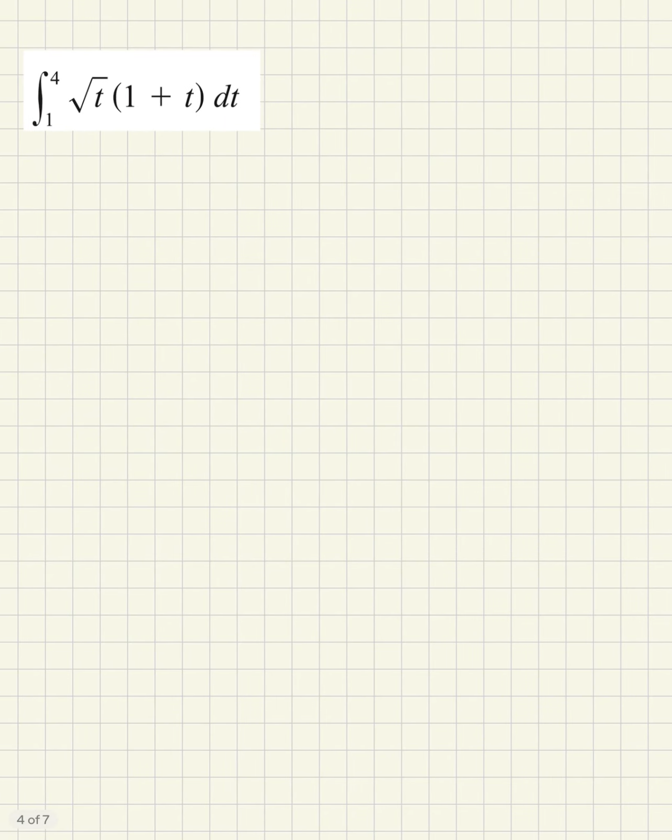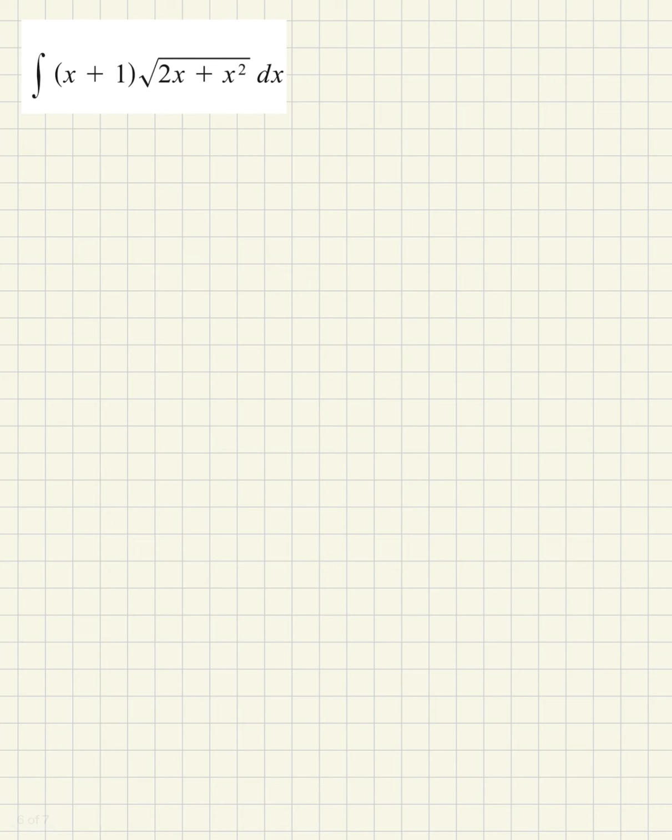As a last problem, I want to work something out where you make use of u substitution. It just has to do with the fact that sometimes you have integrals in which it's hard to integrate when you cannot distribute inside whatever you have.